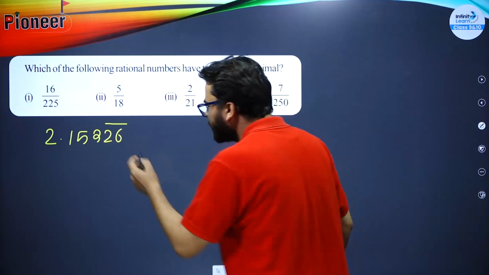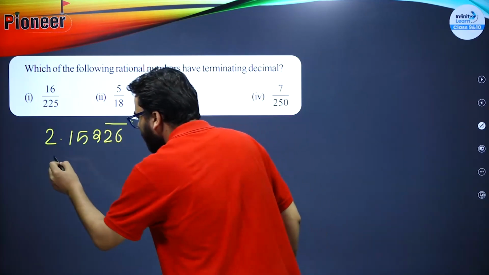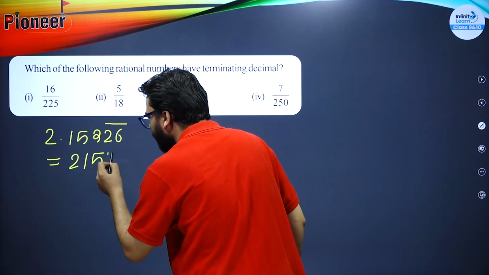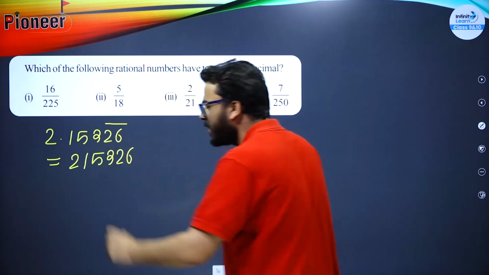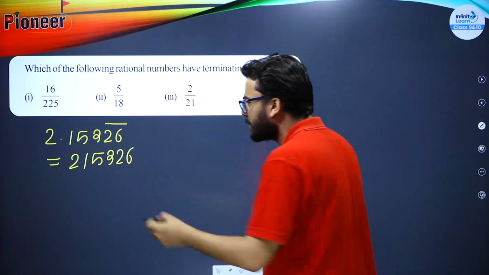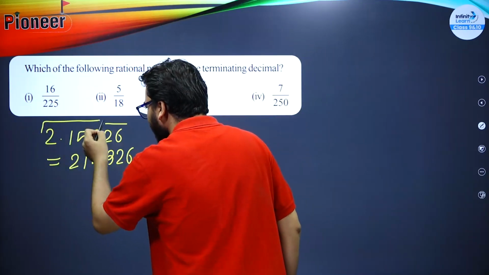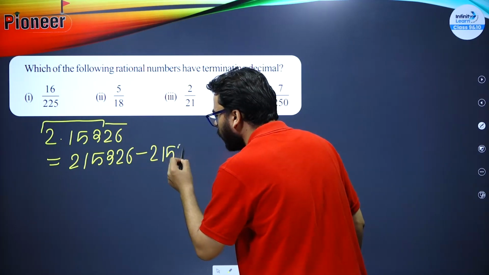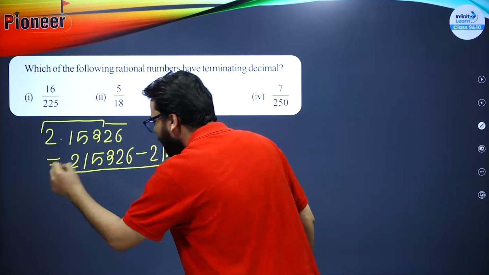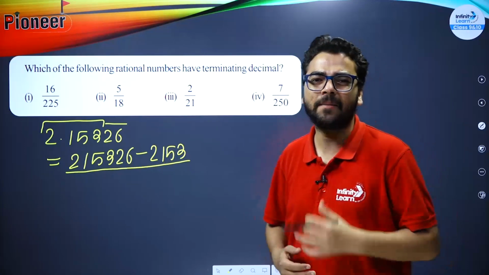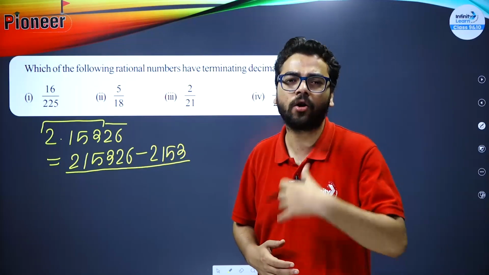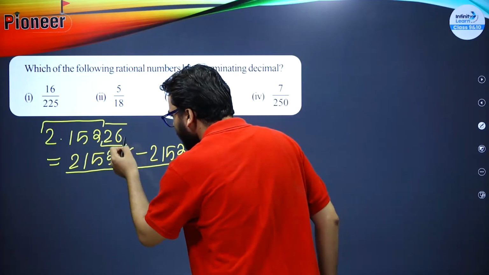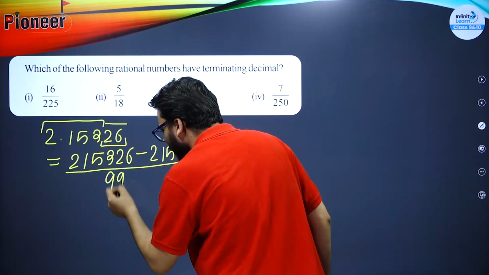So what will you do? You see, vinculum is over 26. So the first thing is you'll write the complete number, 215326. Then subtract the number on which vinculum is not there. So that will be 2153 over here, right? Divided by, now on how many digits vinculum is there? Two such digits are there, so you will write two 9s over here.